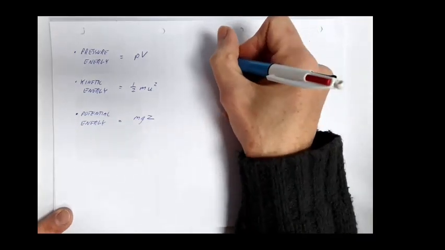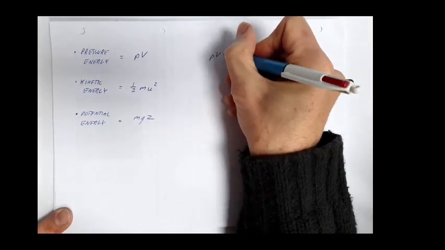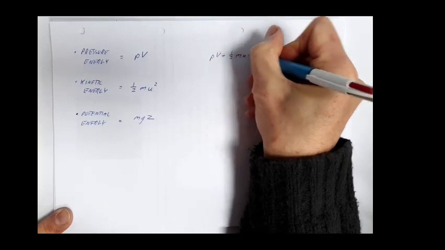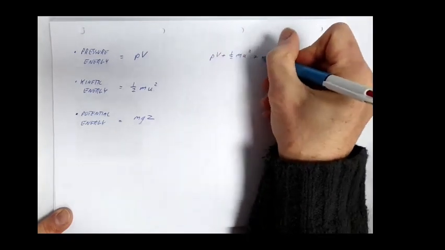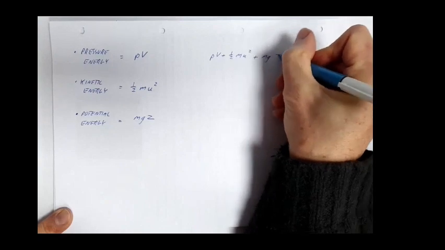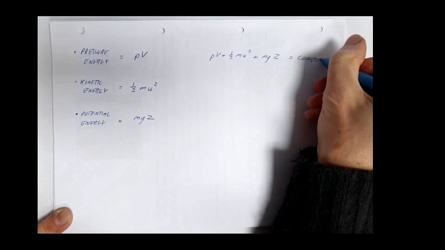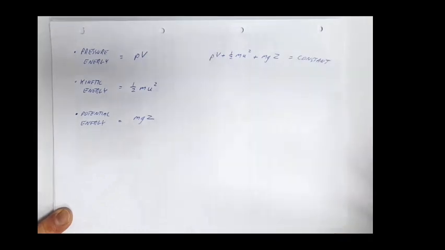Essentially, what we're saying is that PV plus a half m u squared plus mgz equals a constant. It doesn't change.